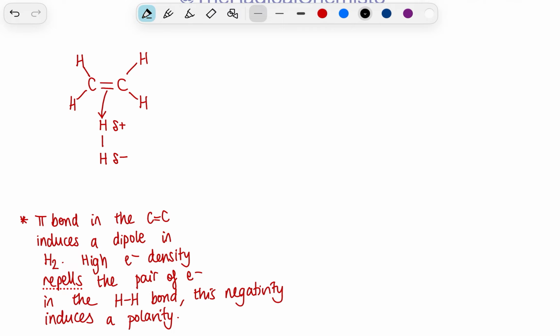So if you notice, we've got a nucleophilic C=C double bond center, and then this over here would be your electrophile. So your arrow is going from the electron rich to an electron poor area.